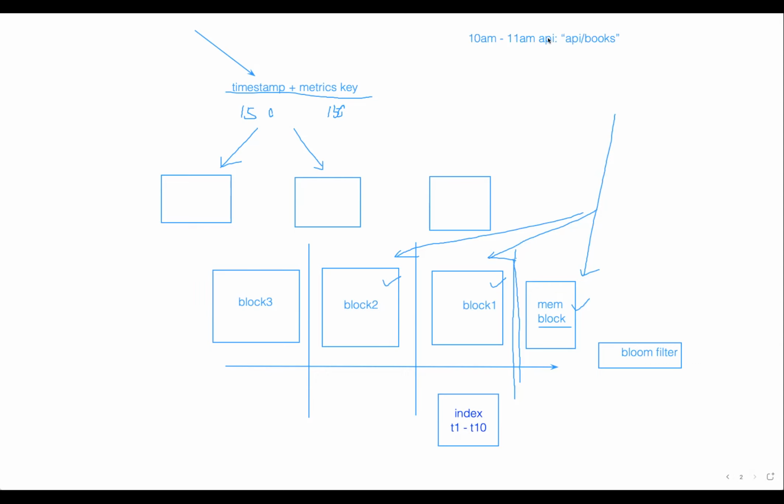Bloom filter can filter the API key. Basically this is to determine machines, right? If we know this machine doesn't have the API key for API books, we can skip that machine, right? So it can filter out some machines for disk hit, right? Does that make sense?